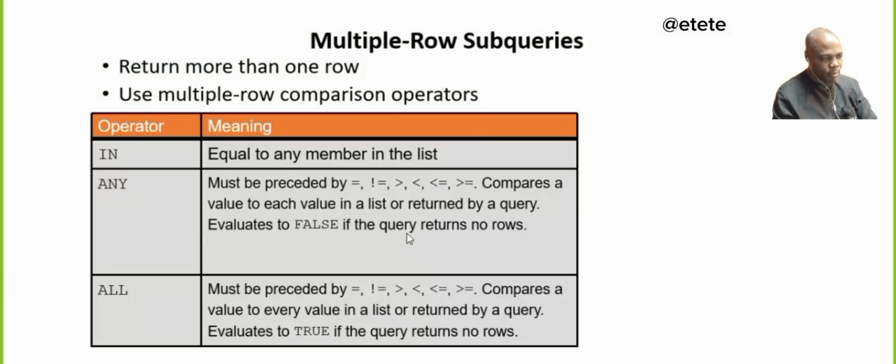So this all is like that and. Are you with me? So the any is like the or, and the all is like the and you will see my explanation clearly. So let's write a practical script for them. We'll start with the in and then go to the any and then go to the all.